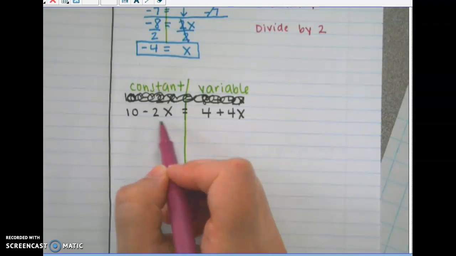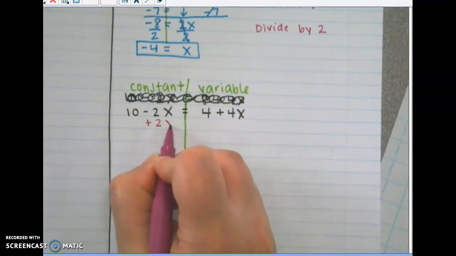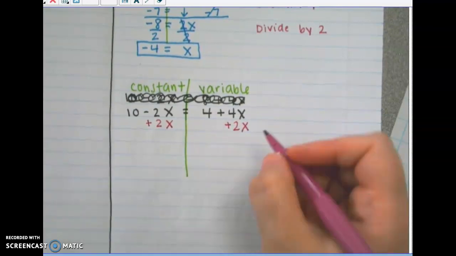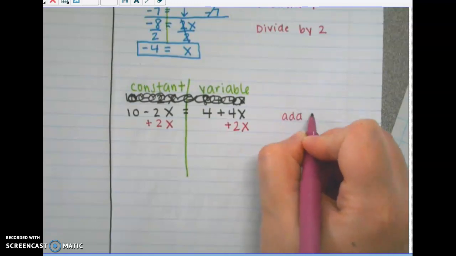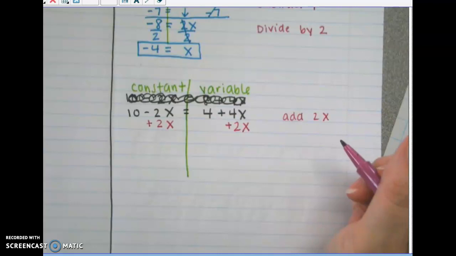So I'm going to cancel out this negative 2x by adding 2x to both sides.